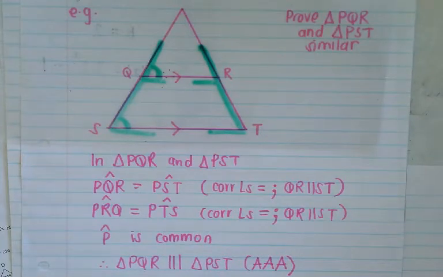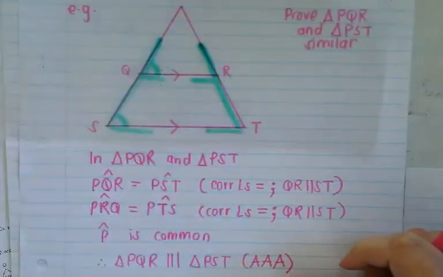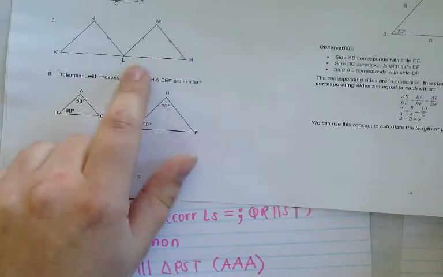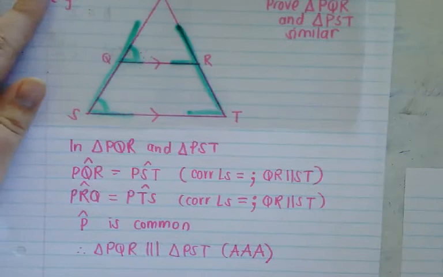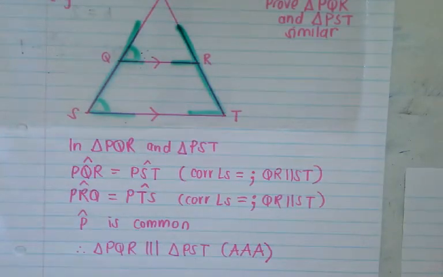Number 5, the one with the 2 triangles and the parallel lines, this one. Give you another minute and a half.